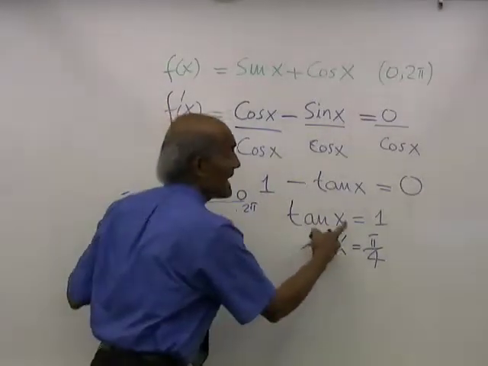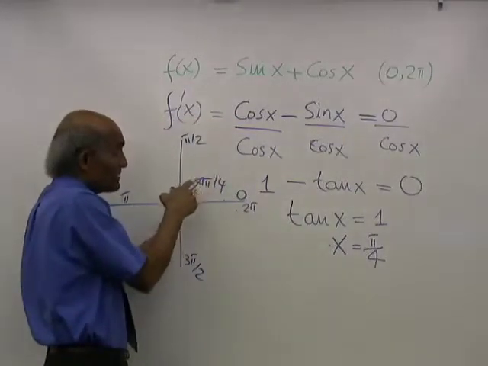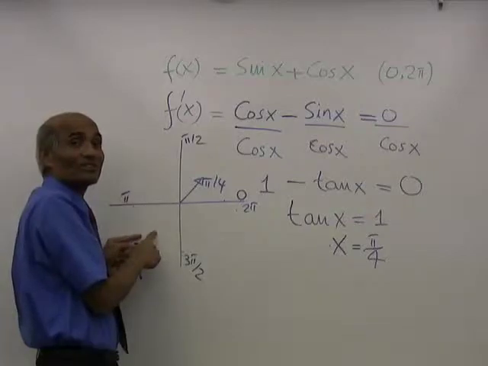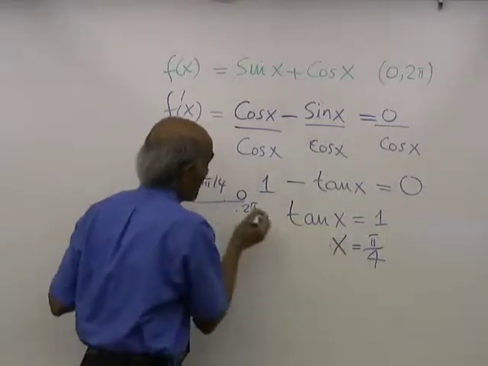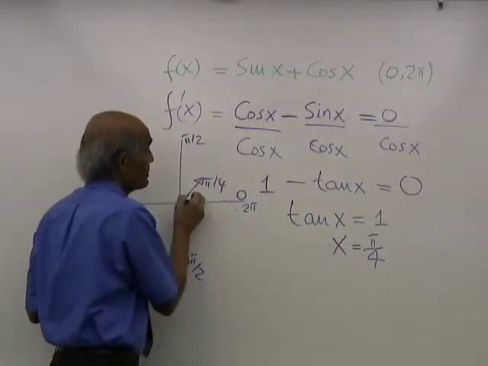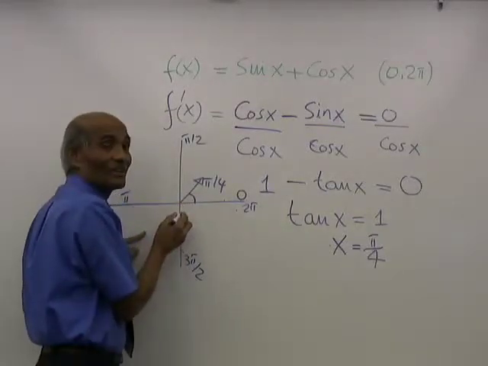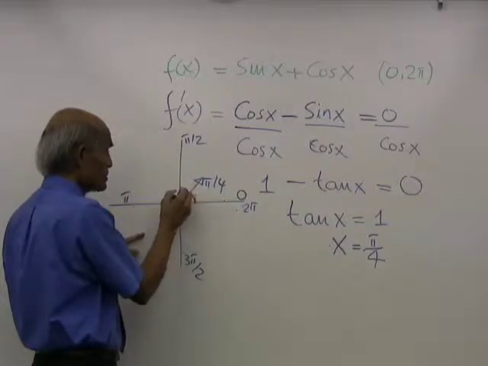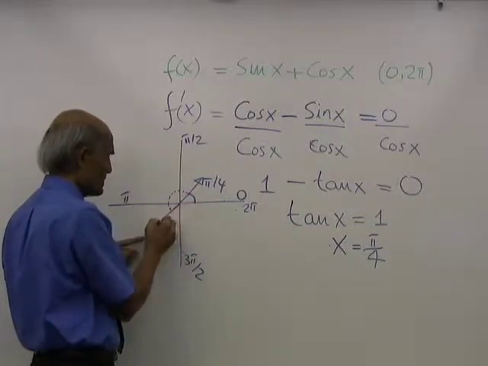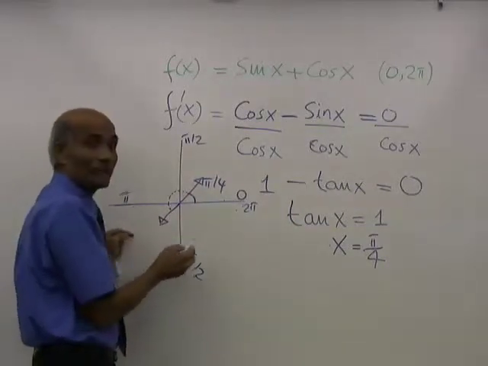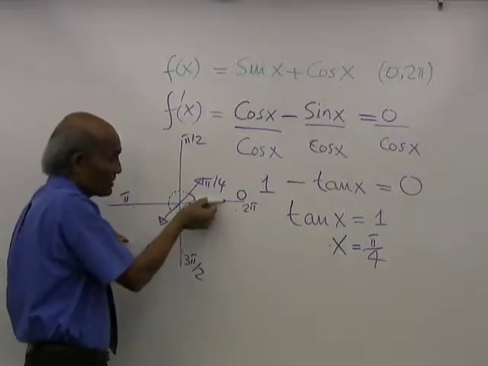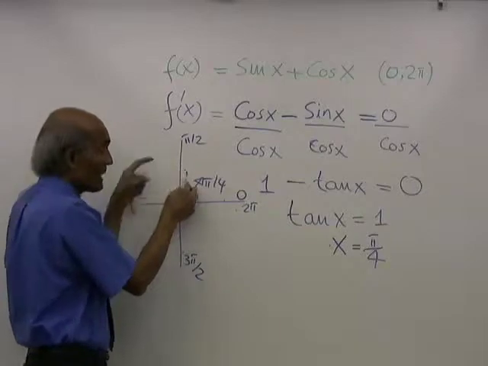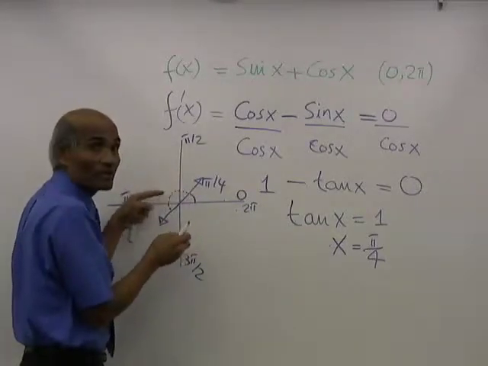That means tan x equal to 1 can happen in the first quadrant, and also in the third quadrant. So x equal to pi by 4 is the value in the first quadrant. You also get a value in the third quadrant, which is this value. Look at this. How much is that? You must go like this. This is 1 pi by 4. This is 2 pi by 4, which is pi by 2.